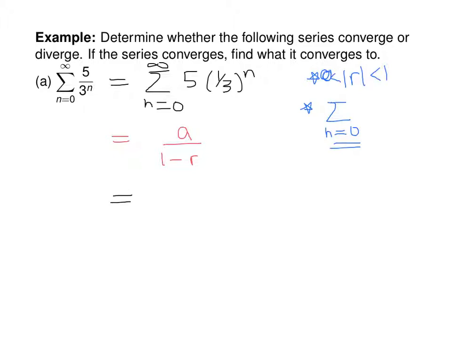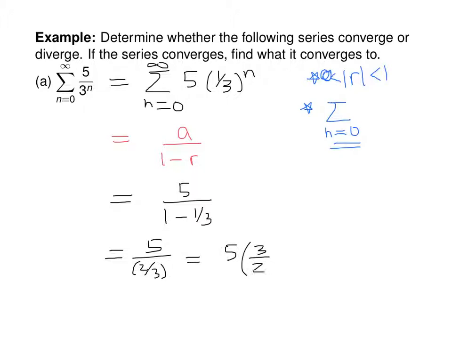And so in this case, the a is equal to 5 and the r is 1/3. So this series sums up to 5 over 1 minus 1/3. So 5 divided by 2/3, which is the same thing as 5 times 3/2, or 15/2.